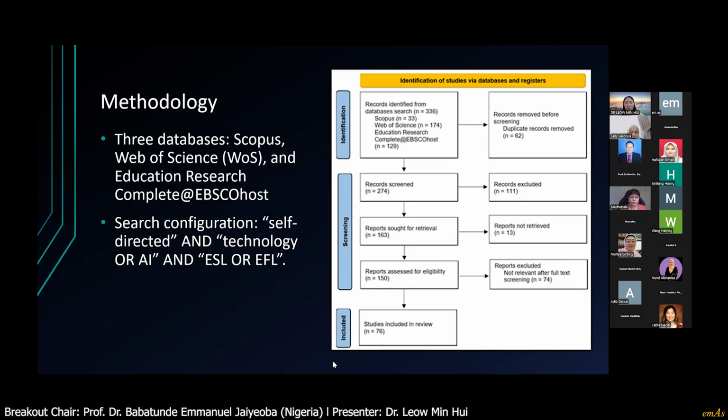This review follows the PRISMA guidelines, and finally we included 76 publications. The time frame is between 2020 and the first quarter of 2025, and we made sure that all included publications have a clear description of how they use the AI tools and what the outcomes are in the context.